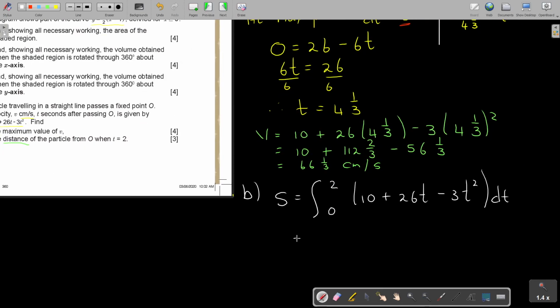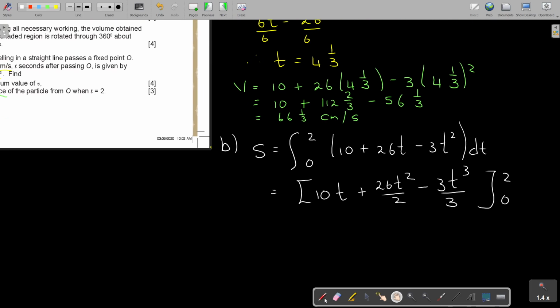And that is going to give me 10 integrate t, plus 26t squared over 2, minus 3t cubed over 3, and don't forget it's 2 and 0.